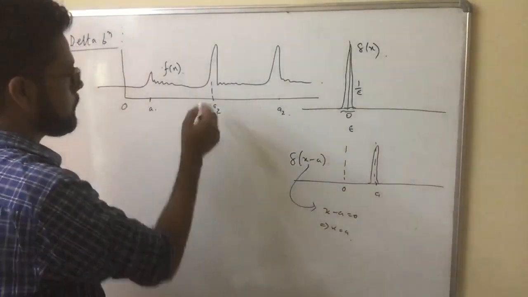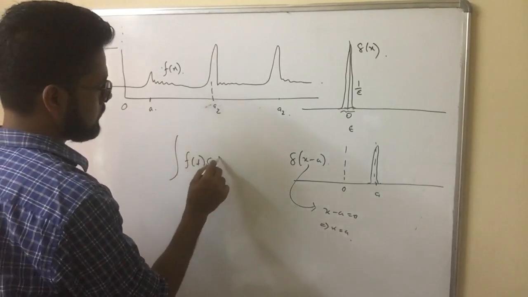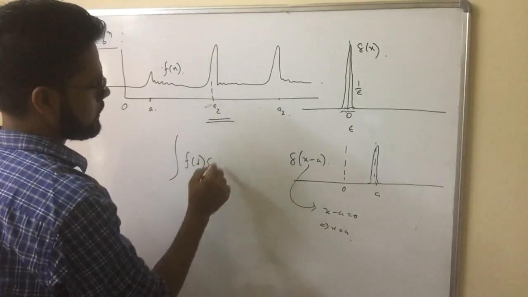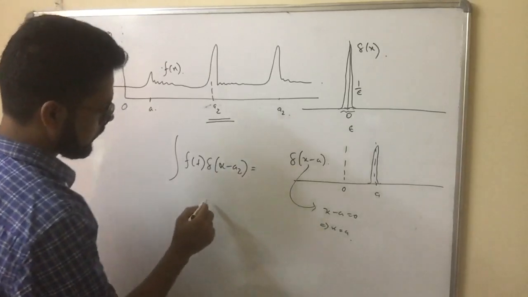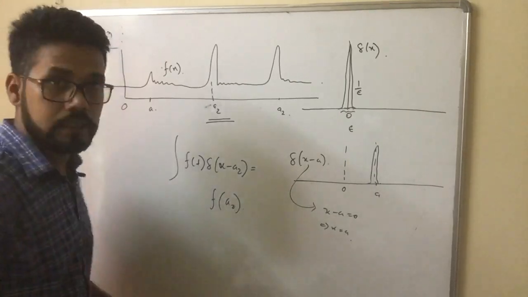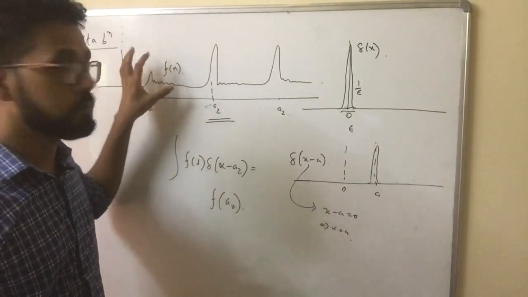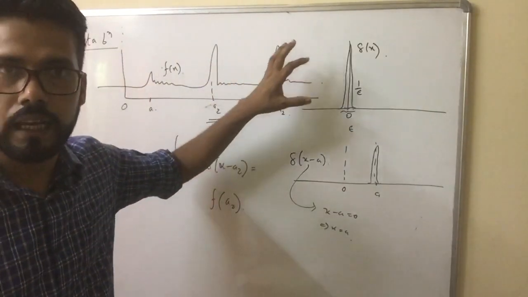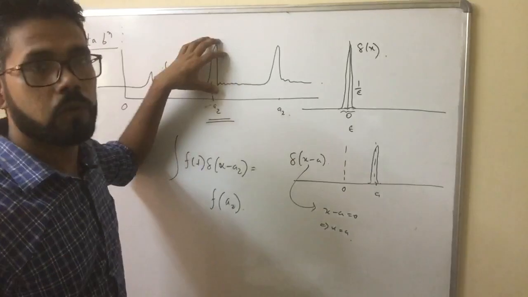Then what happens if I multiply f of x by the delta function, considering this part, delta of x minus A2? What am I getting? I will get f of A2. What does it mean? This is a biomedical signal, a health body signal, and this spike is located at A2.